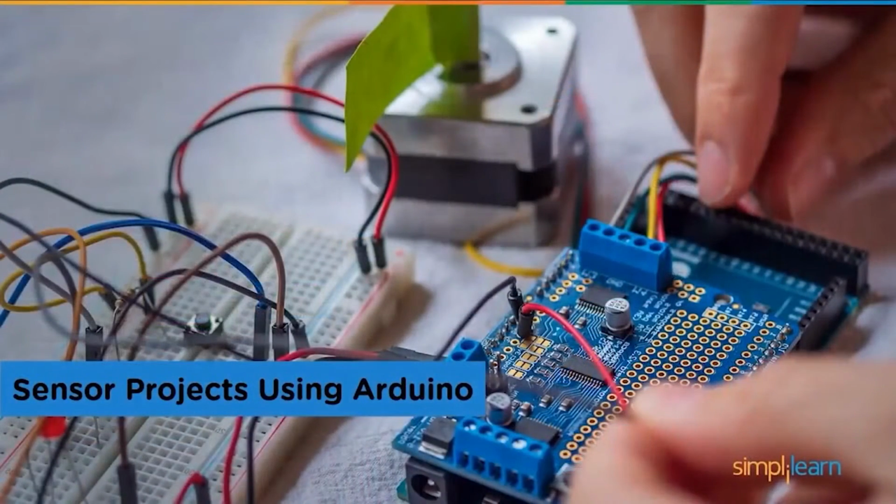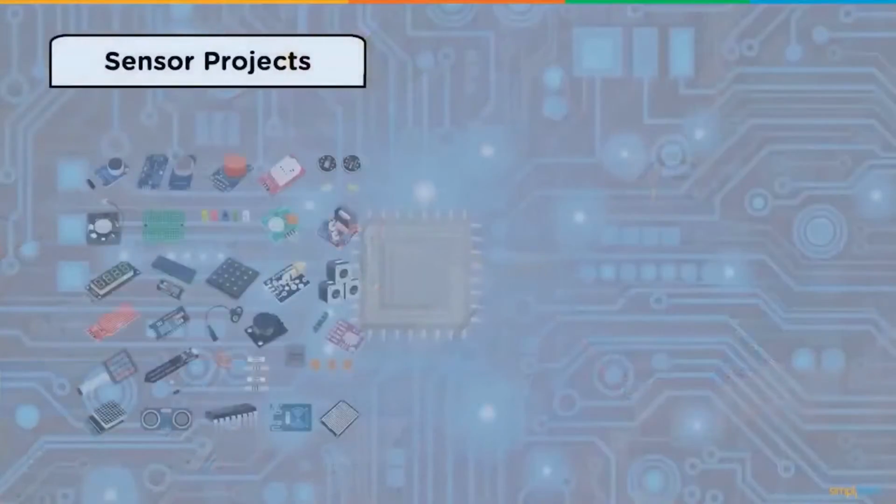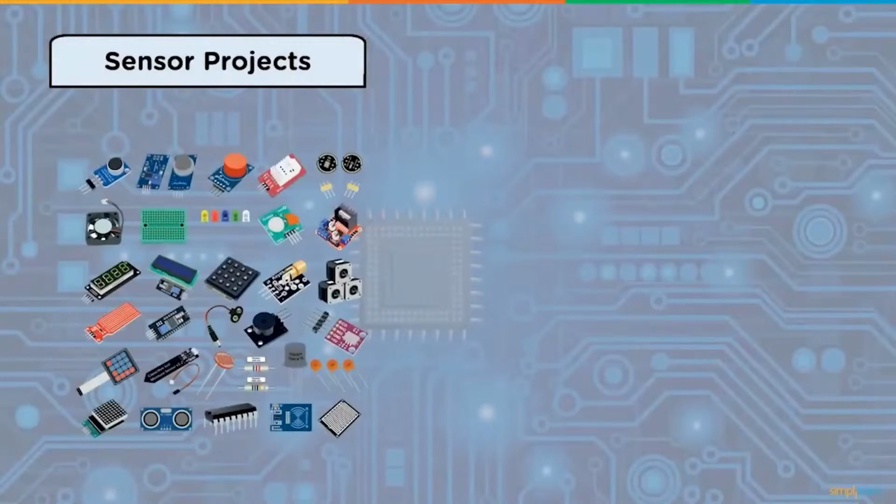Sensor projects using Arduino. One of the aspects that make an Arduino so valuable is the simplicity with which it can retrieve sensor information. Sensors are devices that transform a physical quantity into an electrical quantity, such as light intensity or temperature.